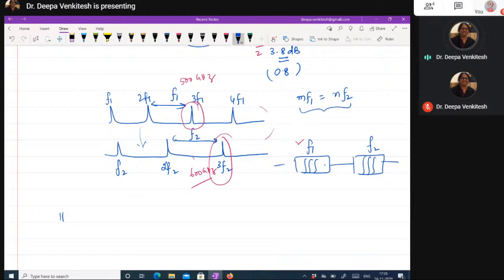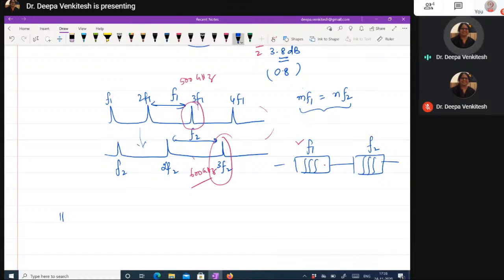Right? Now, how do you find two numbers such that m f1 matches with n f2? This is something that you have learned in your high school also. You would have done this problem.